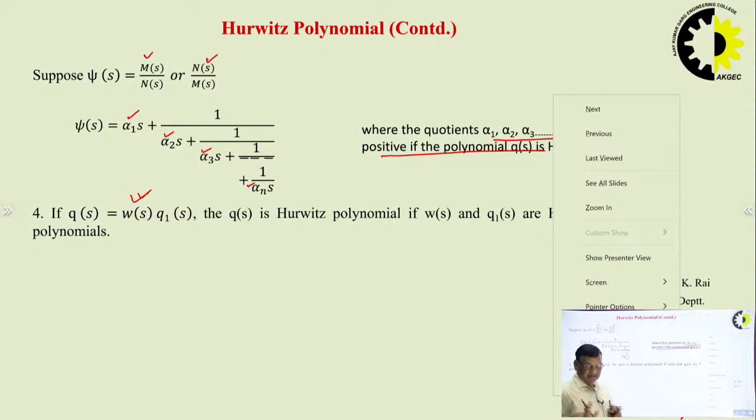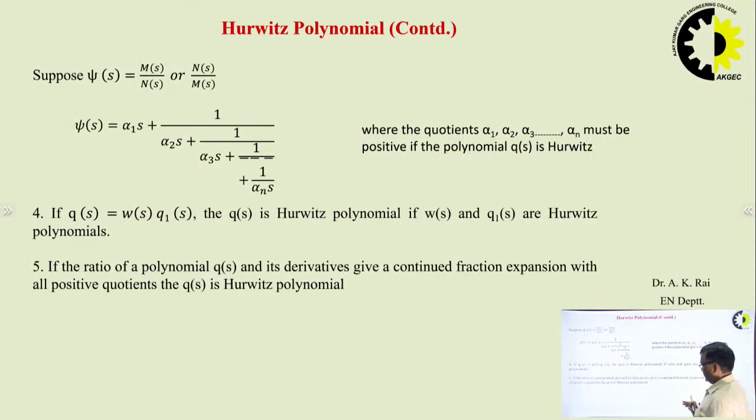So we have to carry out testing for the Hurwitz polynomial separately for W(s) and Q1(s), to check whether Q(s) is Hurwitz or not. Clear? Okay. So property 4 is clear.